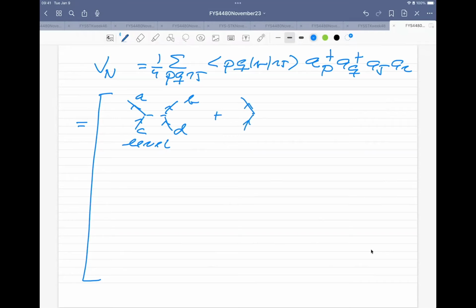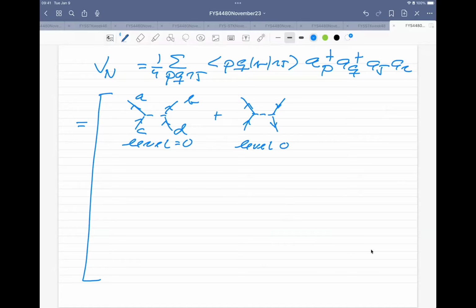So I have this diagram, and then I have this one. So this is a one hole coming in and out. And in this specific case, I'm having a particle hole state above and one above and below. So this is also a level 0. There is no surplus of particle hole excitations above and below the vertex.